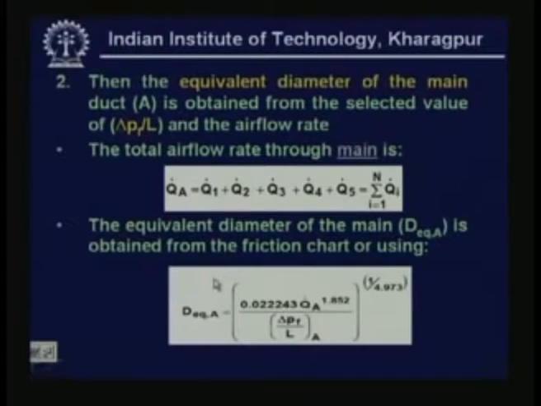Then the equivalent diameter of the main duct is obtained from the selected value of delta Pf by L and the air flow rate. For example, the total air flow rate to the main is given by Q dot A equal to Q dot 1 plus Q dot 2 plus Q dot 3 plus Q dot 4 plus Q dot 5.